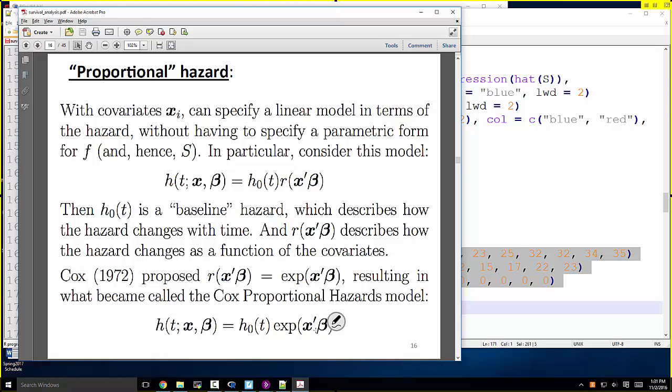Specifically, we'll say that log hazard is a linear function of covariates. We'll be regressing log hazard on beta 0 plus beta 1 x plus beta 2 z and so on. We have to do a little bit of jumping through hoops before we can get there because of technicalities with censored data, but we'll learn about it.